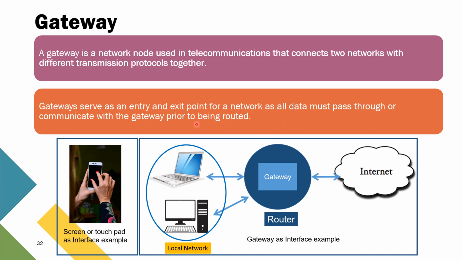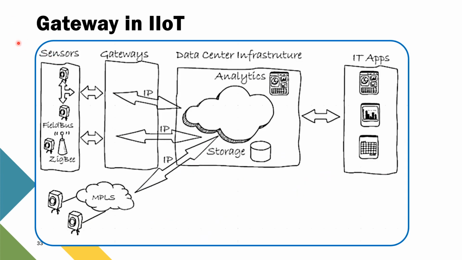This means that all of the data will go through the gateway first before it goes into the storage, the analysis area, or the internet. Now let us look at an example of a gateway in IoT. For example, in a factory there might be thousands of sensors and actuators being used, and they might use different types of communication protocols.